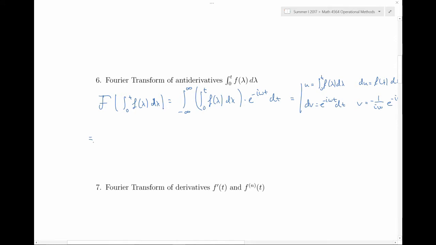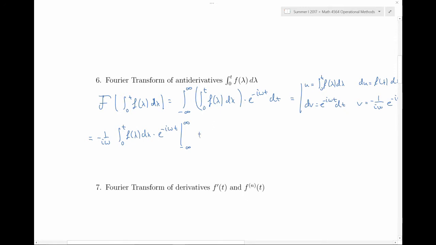So this transforms into minus 1 over I omega integral from 0 to t of f of lambda d lambda times e to the minus I omega t evaluated from minus infinity to infinity.